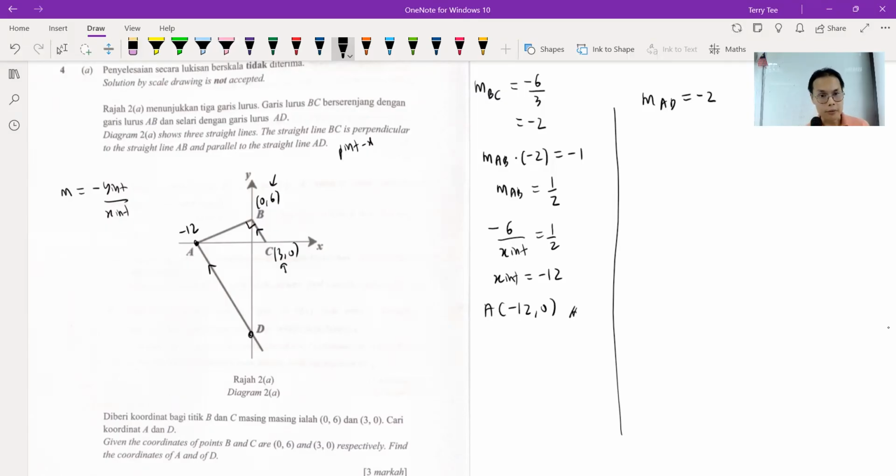And I need to find my pintasan y, the y-intercept, which is your coordinate point D. We can use negative y-intercept divided by negative 12. The result is -2. My y-intercept is -24. Therefore, your coordinate of point D, in this case, we write x first, followed by your y. Your y is -24. There you go. That's the coordinate of point A and D.